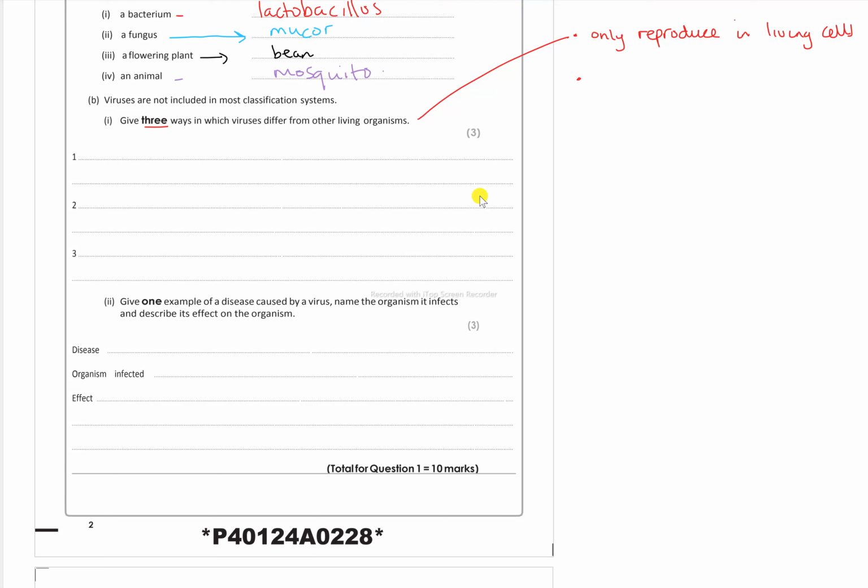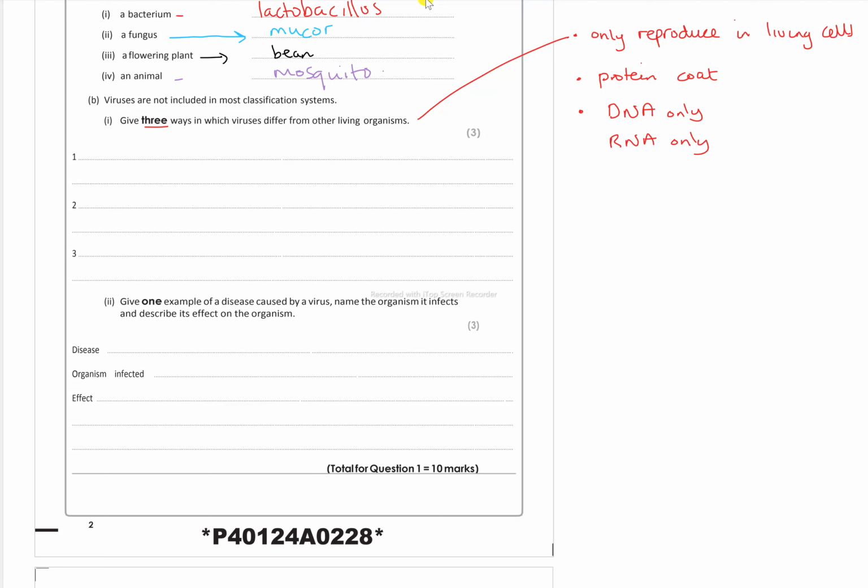They don't have a cell membrane or cell wall, they only have a protein coat around them. Now the genetic material they contain, they contain DNA only or RNA only.